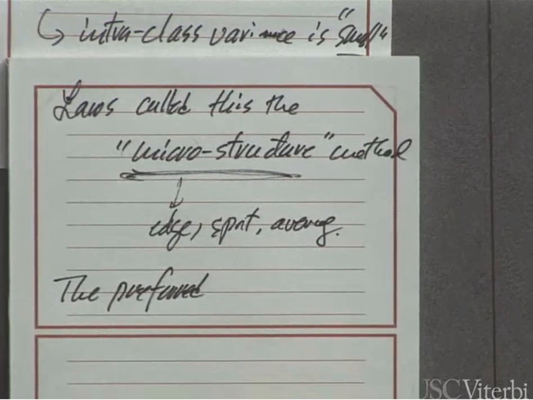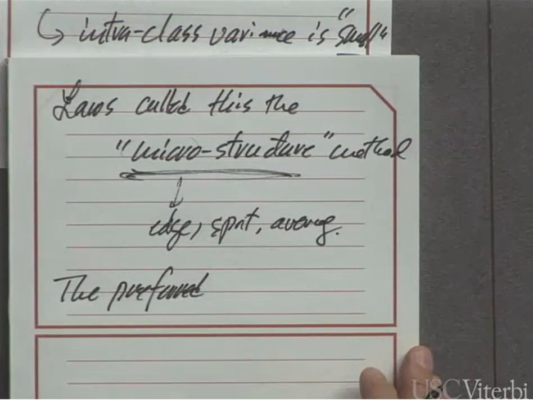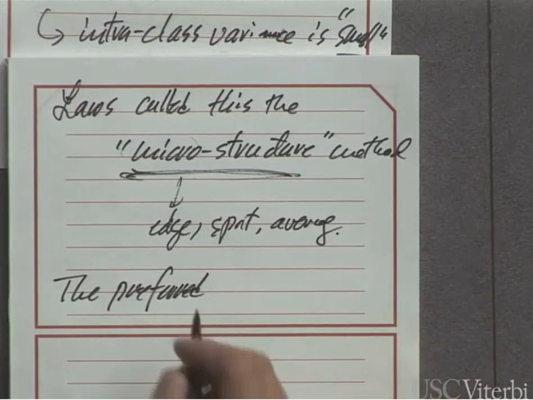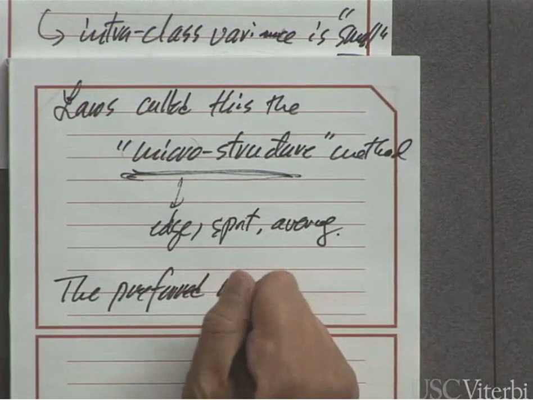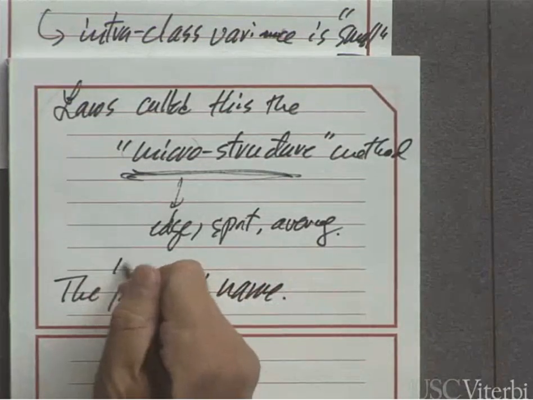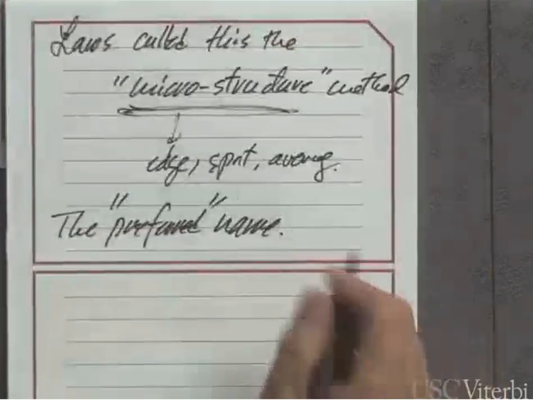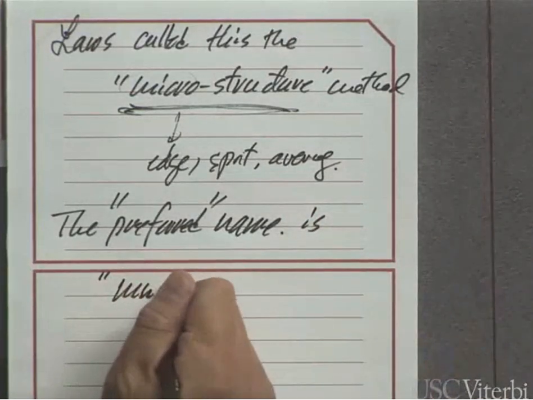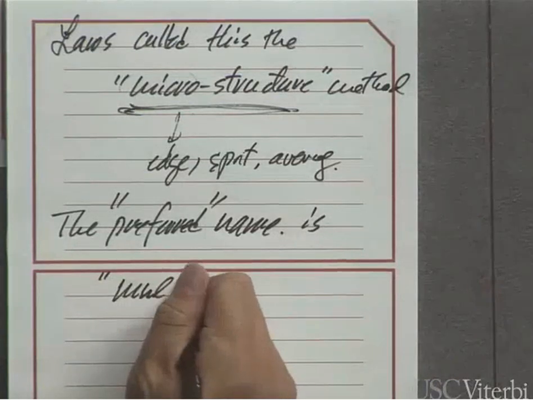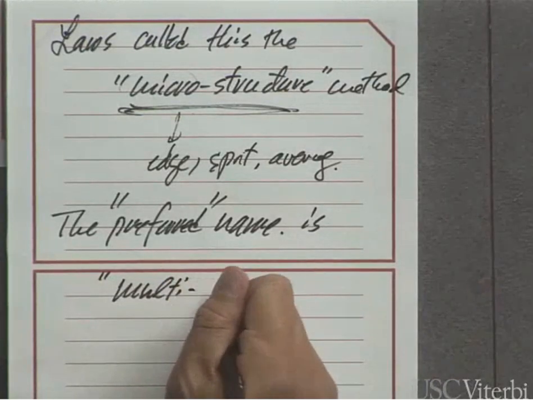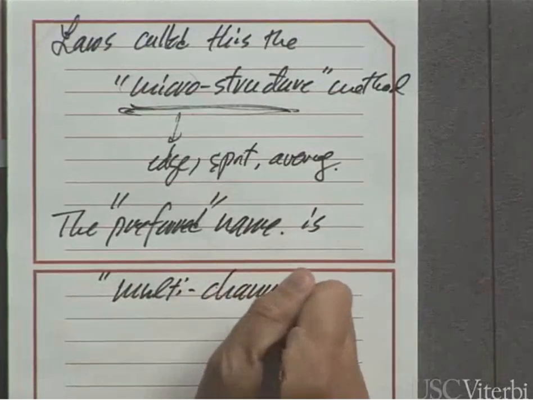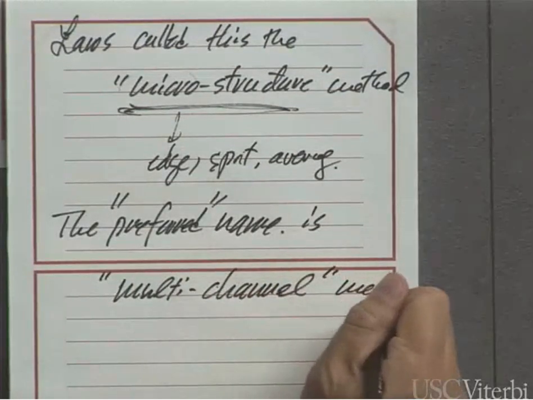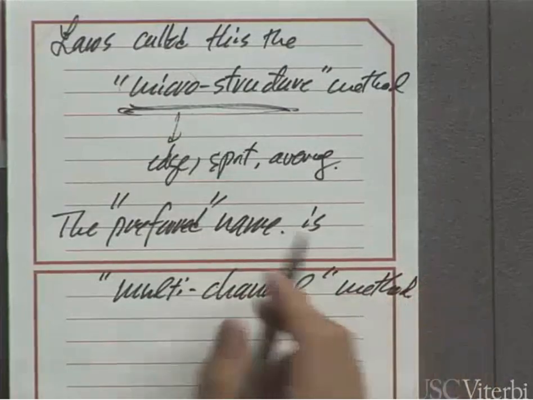If it's incorrect, people will feel very upset by your offensive attitude. So the preferred name, which is much more friendly, is multi-channel method. Can you see the difference?